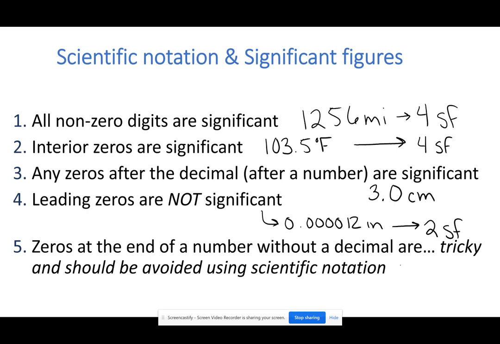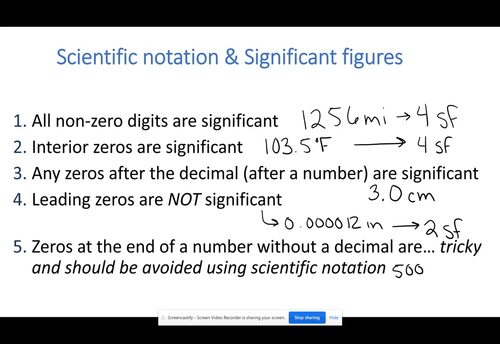So a number like 500. Okay. So are there 3 significant figures and it landed right on that 0? Is there only 1 significant figure and the other 2 zeros are placeholders? We don't really know. You'd have to know more about the instrument. So I will avoid questions like this. 500, how many sig figs?